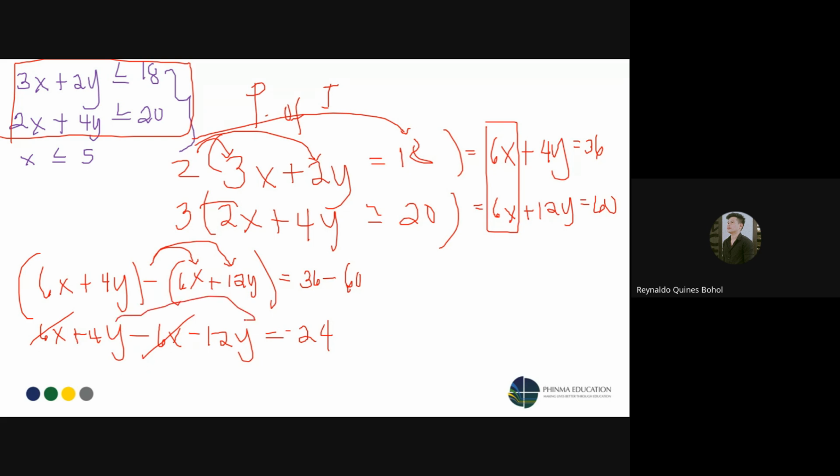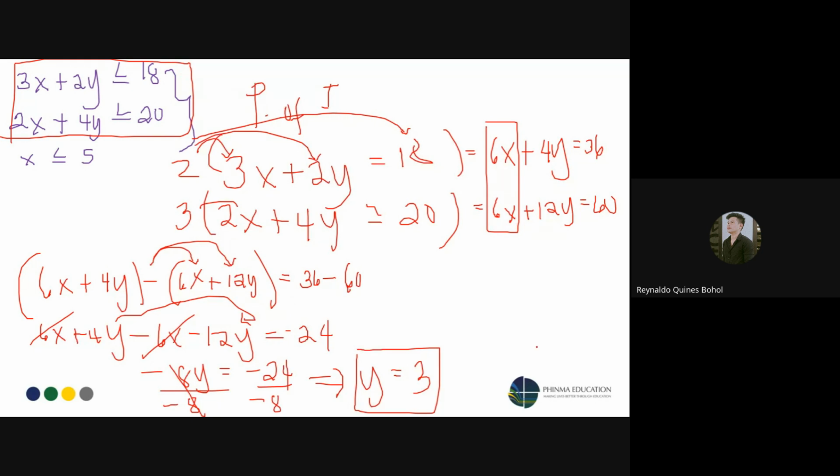And 4y to negative 12y is negative 8y equals negative 24. Then divide natin yan sa negative 8. So the answer here is y is equal to 3. And that is our point of intersection. So y is equal to 3.